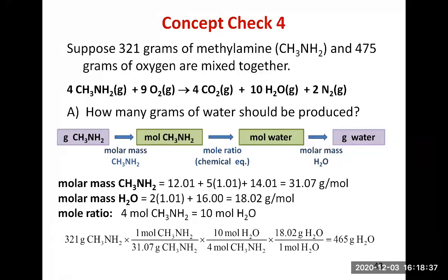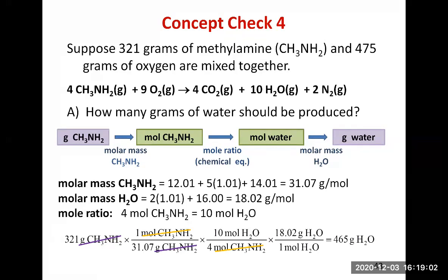This way we can cancel the grams of methylamine. Next, you want to change the moles of methylamine into moles of water, and so you use the mole ratio. The mole ratio should be written such that the 10 moles of water are on top and the 4 moles of methylamine on the bottom, so that we can cancel the units of moles of methylamine.